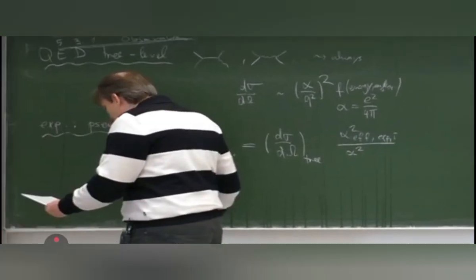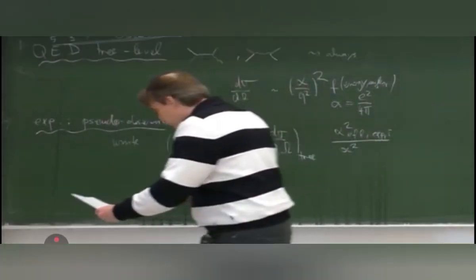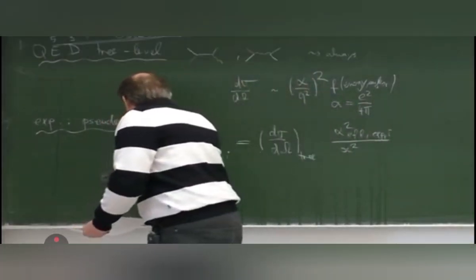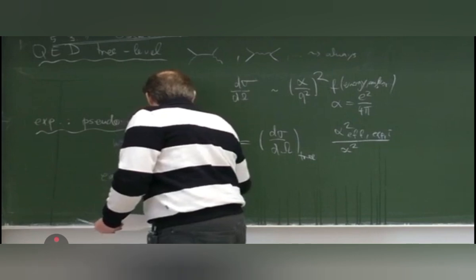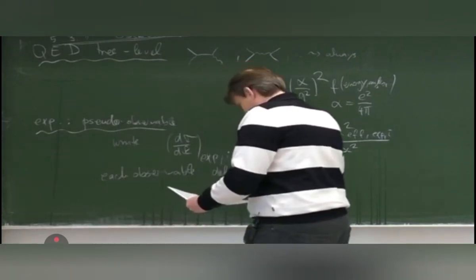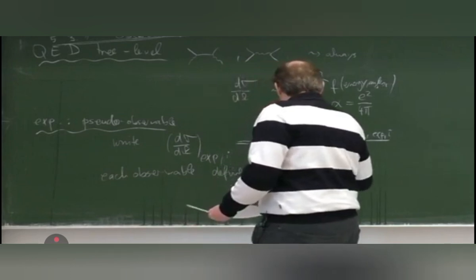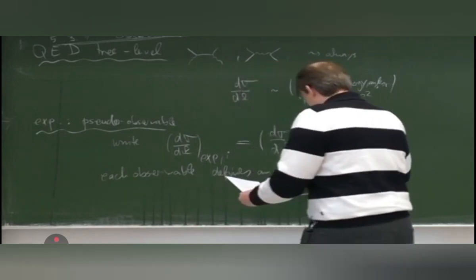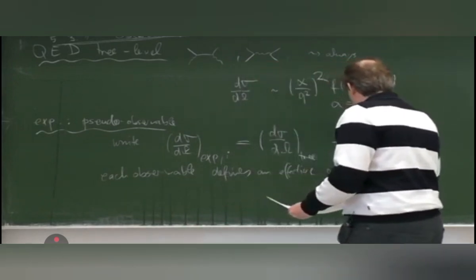And so then, let's say, each observable defines an effective alpha, effective for experiment I.